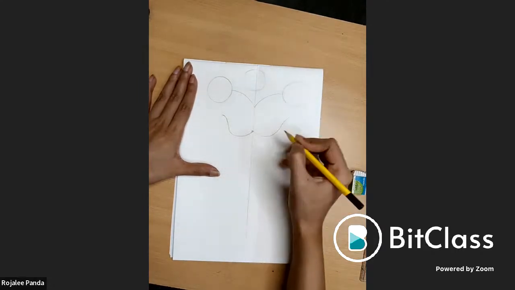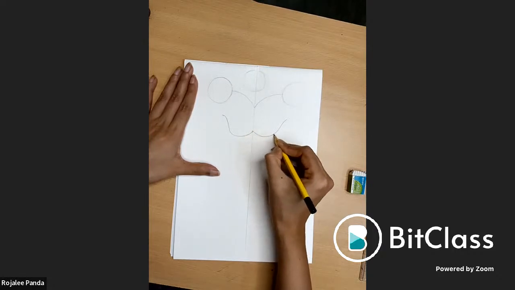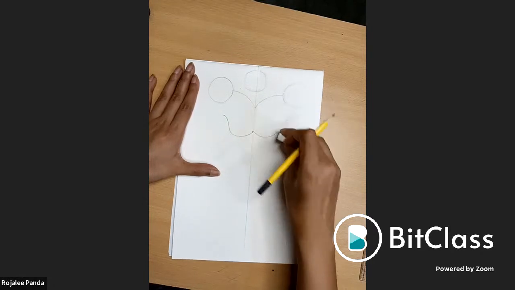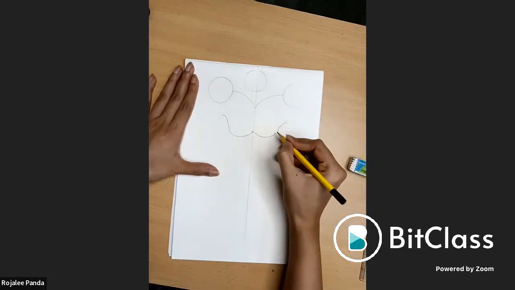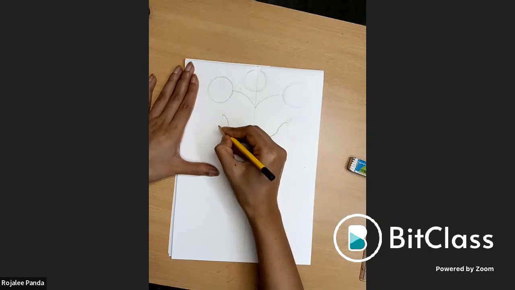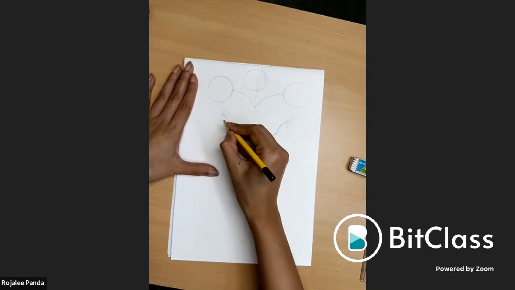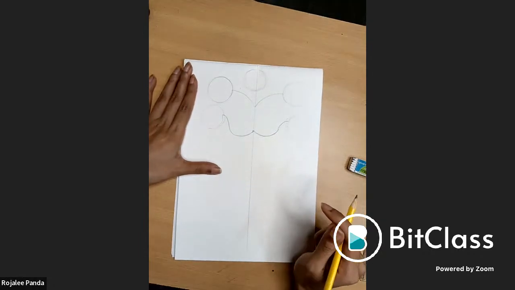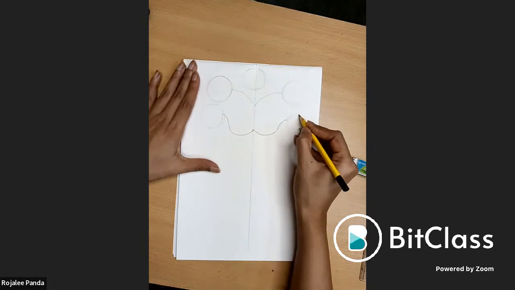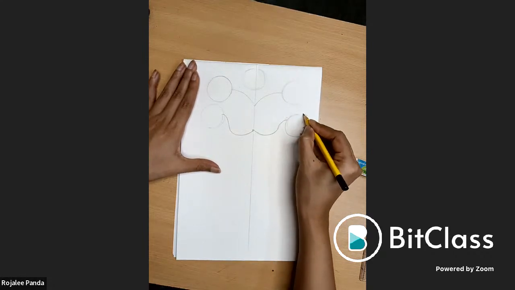You have to create the pattern on both sides in an equal way. And at the end make one circle. Those circles are going to be the flower point. Okay. Yeah, sure. I'll just make it darker for you.